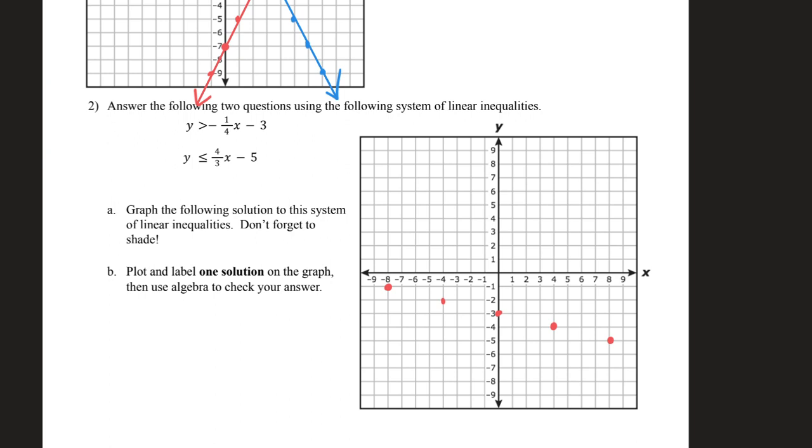For this one, my line is going to be dashed since there's no line underneath my inequality. And now we're going to decide which side to shade. So we're going to plug in the point 0, 0. So 0 is greater than -1/4 times 0 is just 0 minus 3. So that 0 is greater than -3. That's a true statement. So here's my test point, which means that I'm going to go ahead and shade everything above the line.